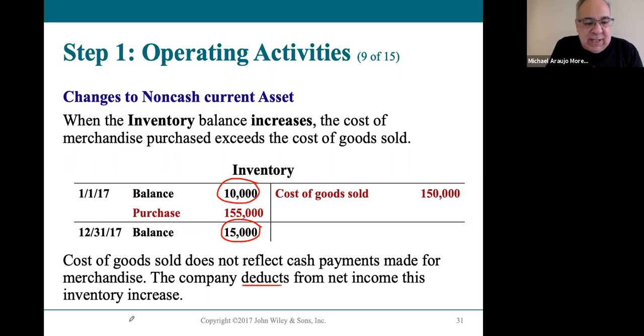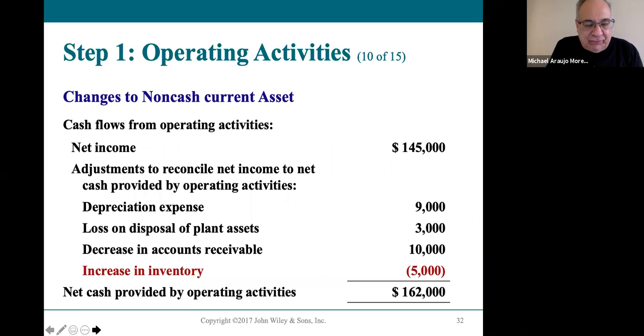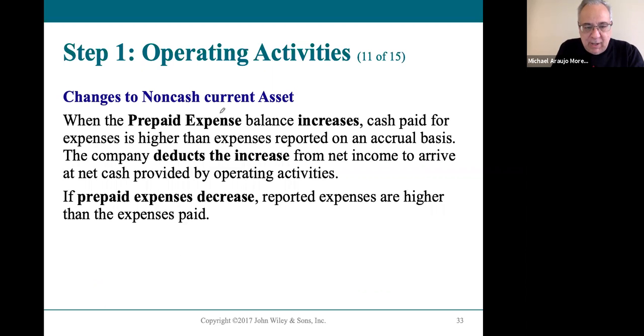Any increase in an asset account means you have to use cash. So an increase in inventory is looked upon as a use of cash. Remember, there's no positive and negative. It's just coming in or going out, or the appearance of coming in or going out. So more inventory means less cash. Less receivables means more cash came in from period X to period Y. We're comparing.